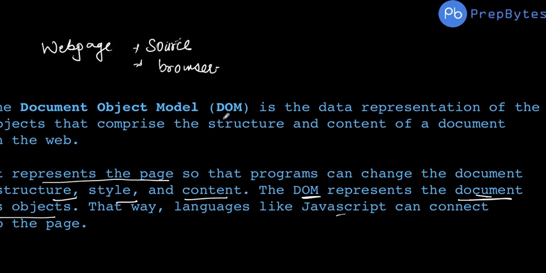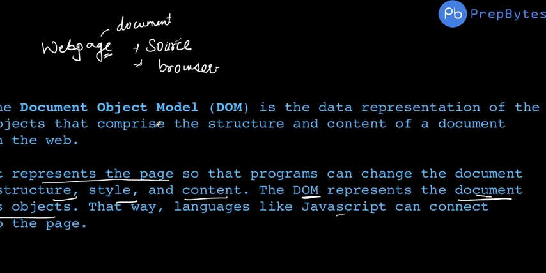The DOM is another representation of this web page or the document. The web page is the document and the Document Object Model is another representation, in which the DOM represents the document as objects. Everything that you will see on the web page, the buttons, the headings, will be represented as objects.